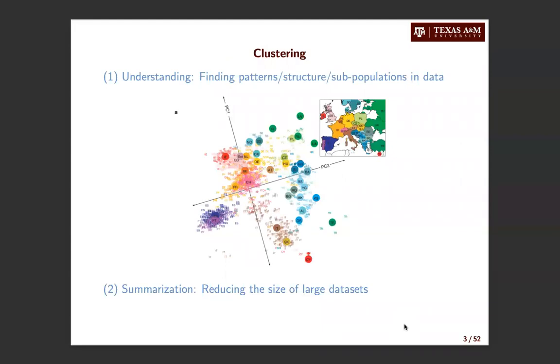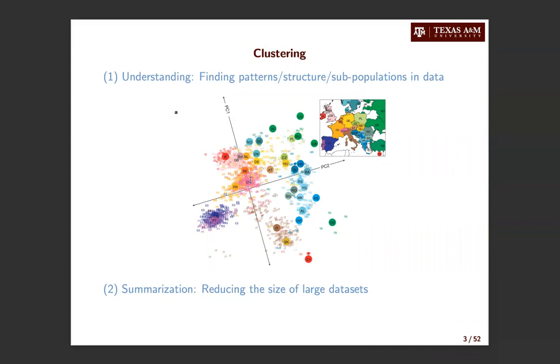Clustering allows us to find and understand patterns in our data, and it's a type of unsupervised method that works without having any data labels. In this example, we see a clustering of the characteristics of the populations in Europe.